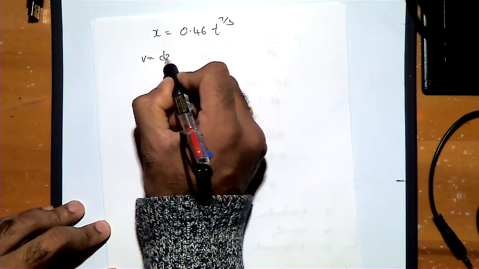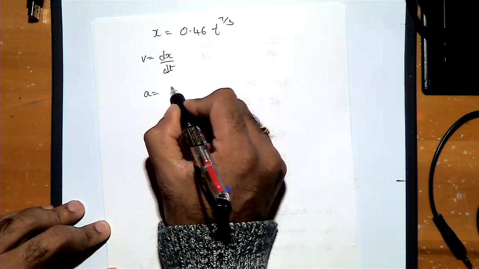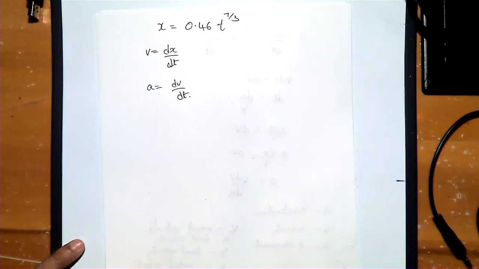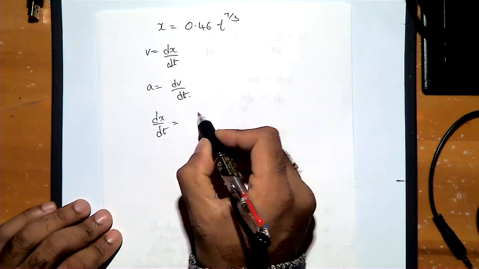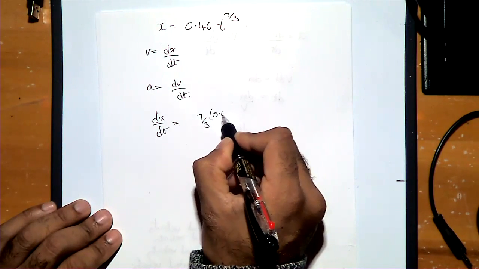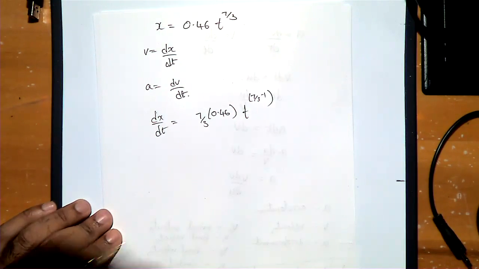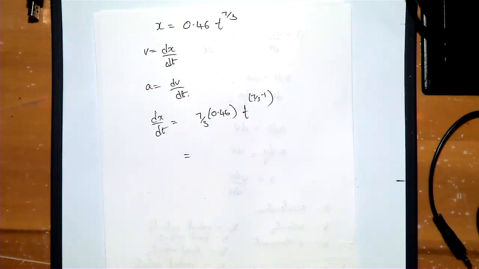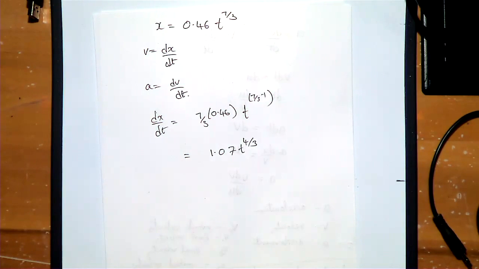V equals dx dt, and A equals dv dt. dx dt is equal to 7 over 3 times 0.46 times t to the 7 over 3 minus 1. There we go, that's given here: 1.07 t to the 4 over 3.